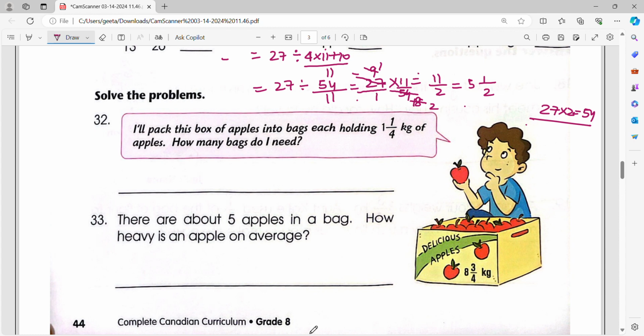How many bags do I need? The figure is there on your right hand side. What is the total weight of the apples? 8 whole and 3 over 4 kilograms. Okay, total weight of apples. Can you please solve it?